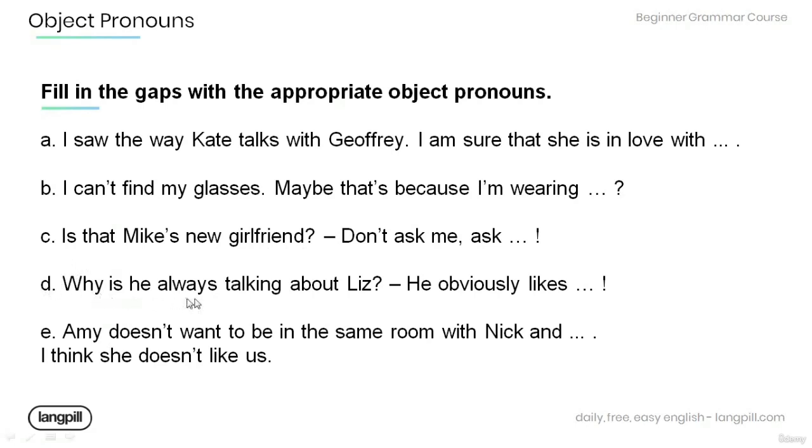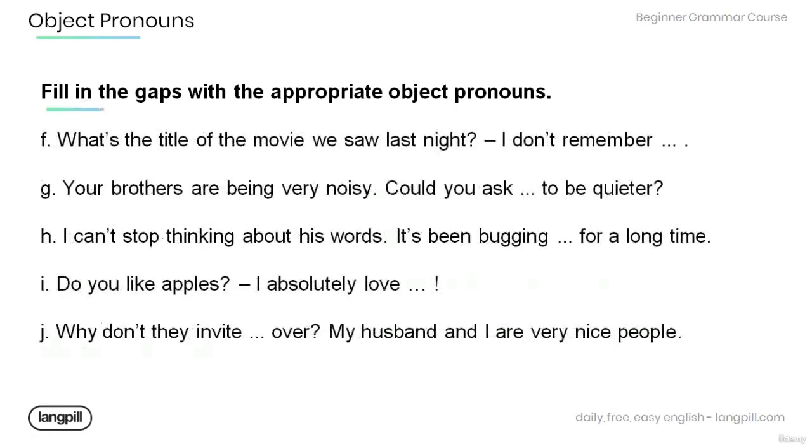D. Why is he always talking about Liz? He obviously likes blank. E. Amy doesn't want to be in the same room with Nick and blank. I think she doesn't like us. F. What's the title of the movie we saw last night?